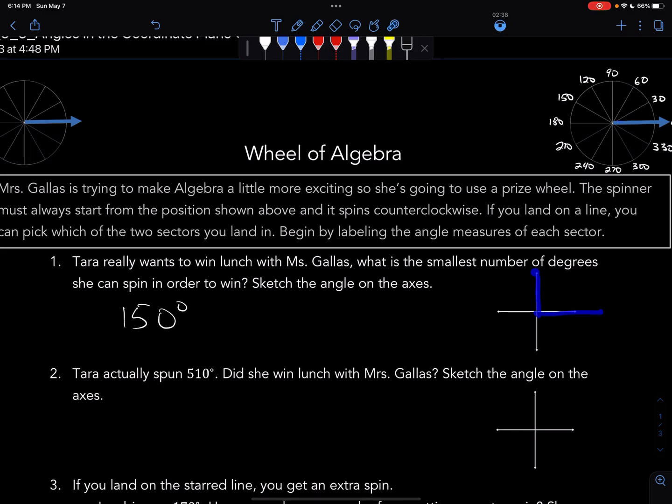This is 90 degrees. All the way here is 180 degrees. So if we're trying to get to 150 degrees, that's that last third wedge right here. So when we draw this angle, we're going to draw it like this. We have an arrow. This is 150 degrees, and we'll go ahead and do that now.